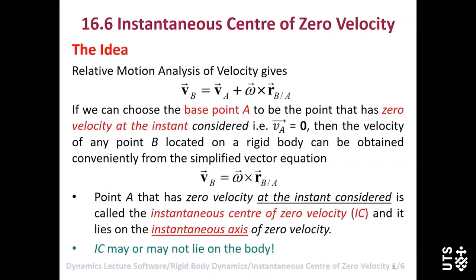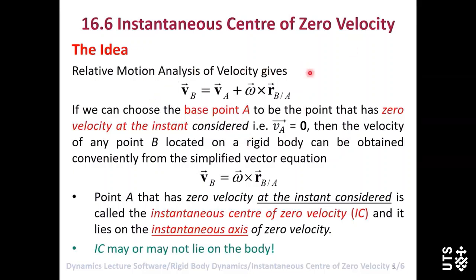Firstly, let me introduce the basic idea of IC method. Here in this slide, you can see this equation, and we use this equation to do relative motion analysis of velocity.